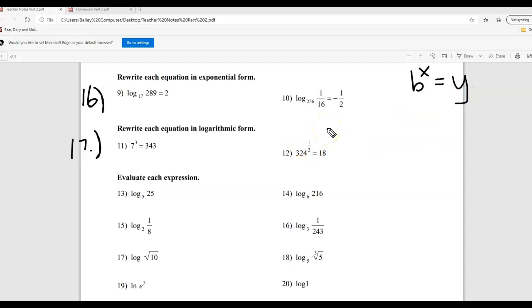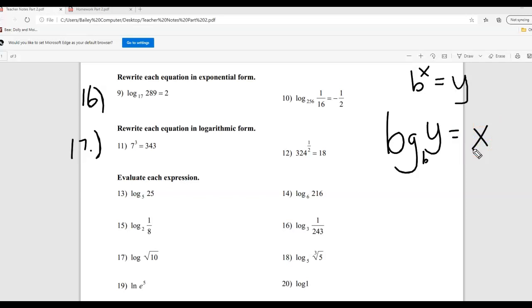If you have an exponential function like this, you can rewrite that in log form, where the base for a log, you write it as a little subscript there. So the b goes down there by the word log. And then the x and the y switch places. So in the exponential function up there, the x is the input, the y is the output. But for the log, the y is the input and the x is the output. And so that's how you rewrite.